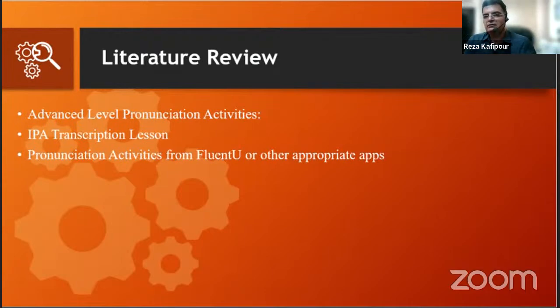One of the answers is using a pronunciation application, for example, FluentU. They are very effective in making students fluent in pronunciation and interested in practicing pronunciation.